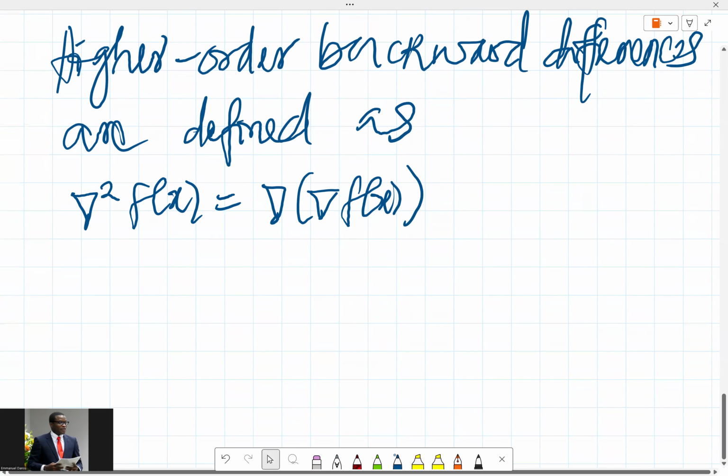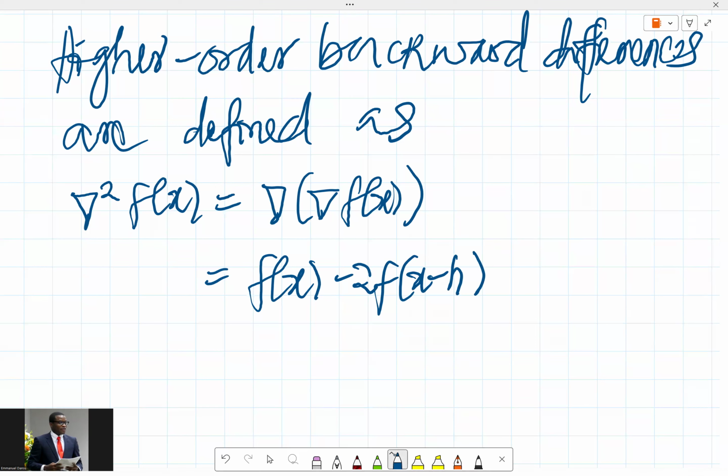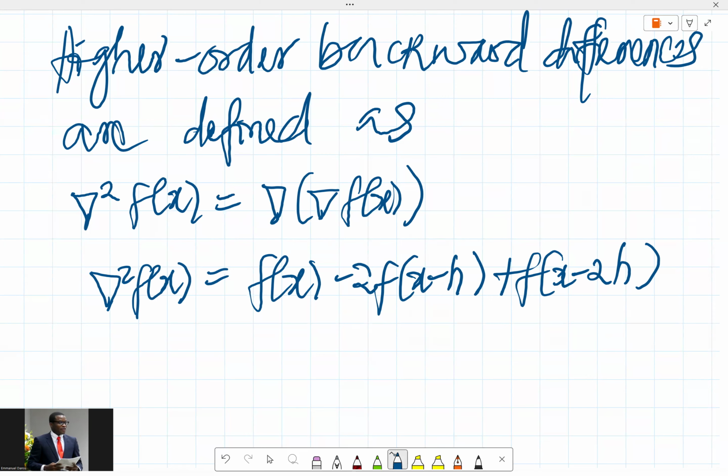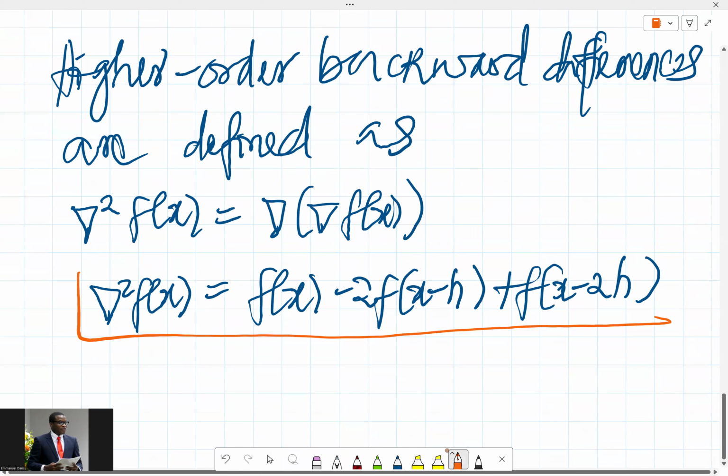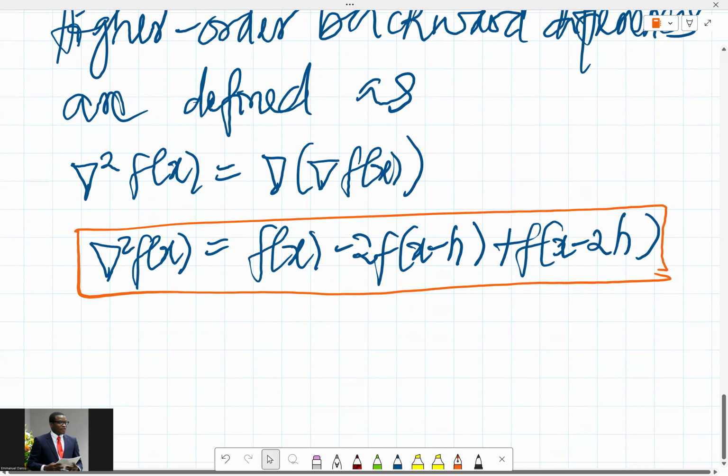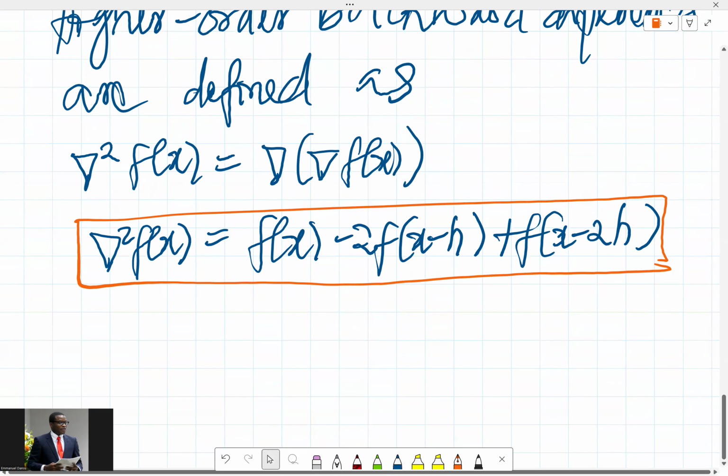In that case, that is f of x minus 2 into f of x minus h plus f of x minus 2h. So it's more like the reverse of what we had before. If you want second order, this is how it goes.